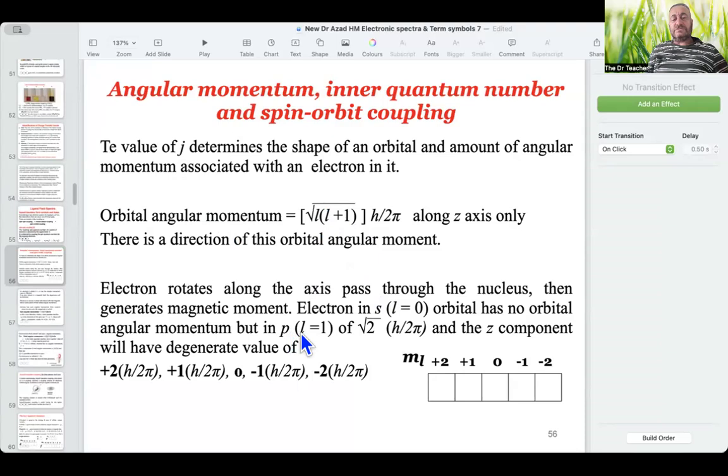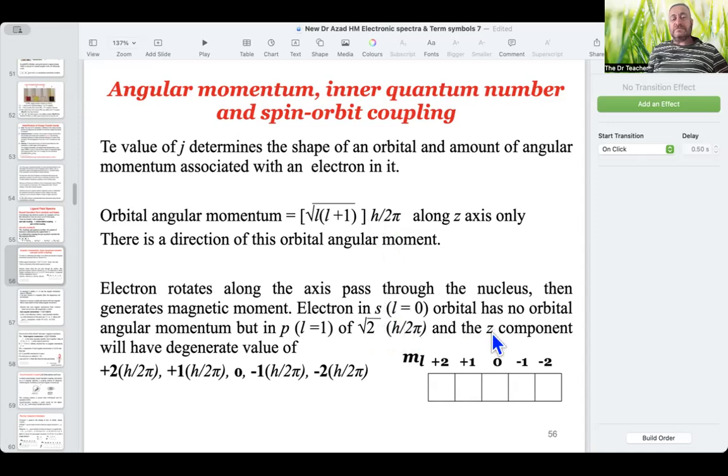But if you replace L by 1 here, 1 times 1 plus 1 will be the square root of 2 times h divided by 2 pi.